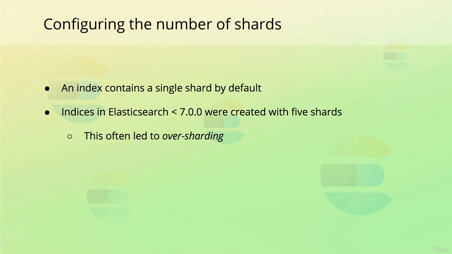To overcome these challenges, indices are now created with a single shard by default, since Elasticsearch version 7. For small to medium-sized indices, this is likely to be sufficient. If you do need to increase the number of shards, there is a split API for this. It still involves creating a new index, but the process is much easier as Elasticsearch handles the heavy lifting for us.